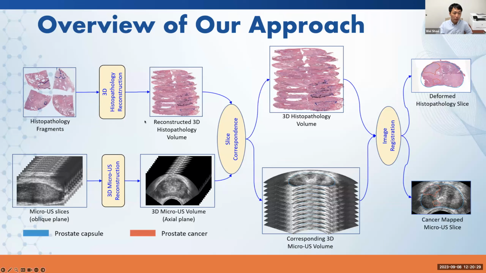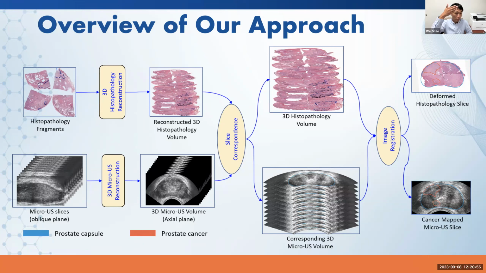And another input is that when we acquire micro-ultrasound images, micro-ultrasound is different from MRI. So MRI is acquired in the transverse plane or the axial plane, from the apex to the base of the prostate in the axial view. But micro-ultrasound is acquired in what we call pseudo-sagittal views.